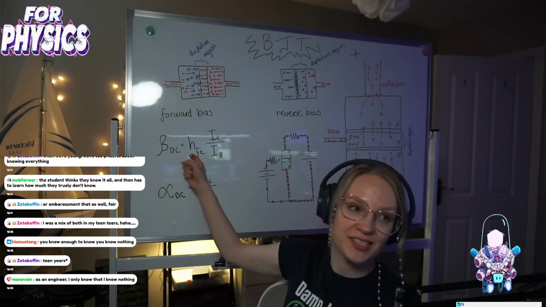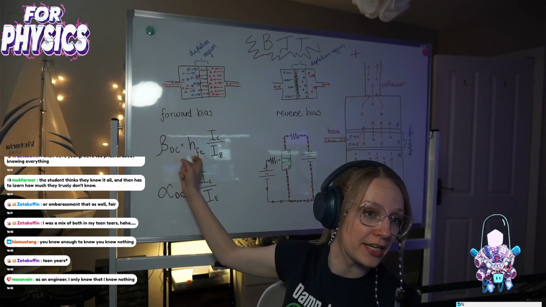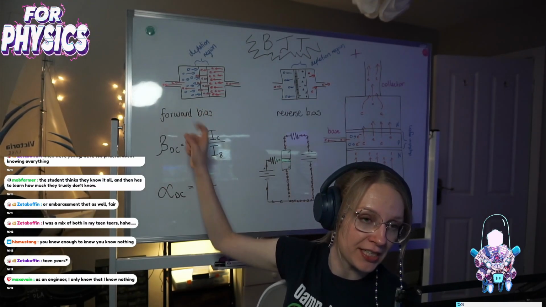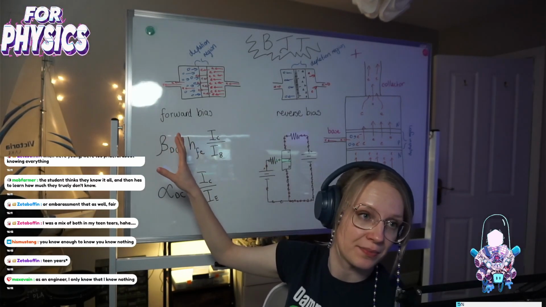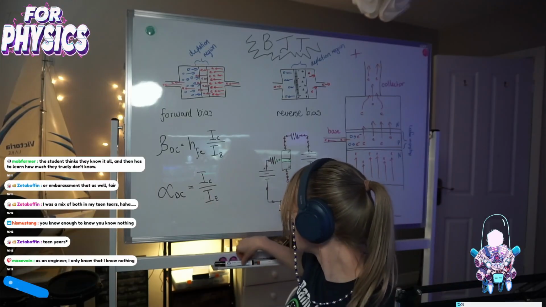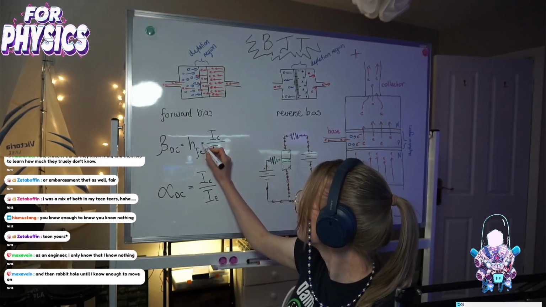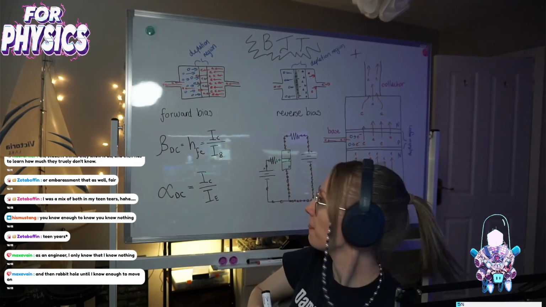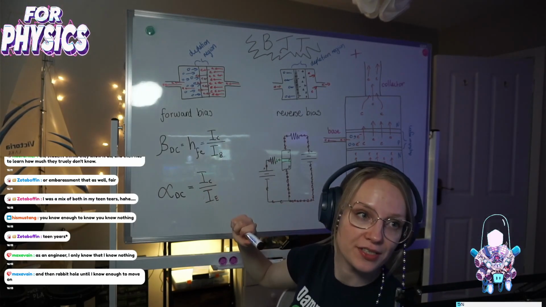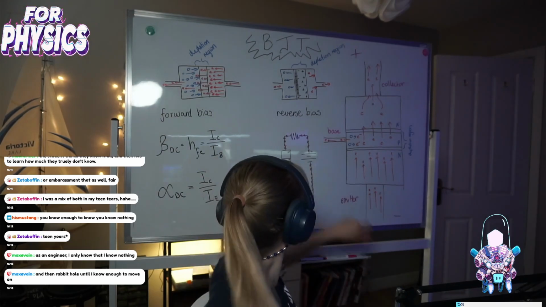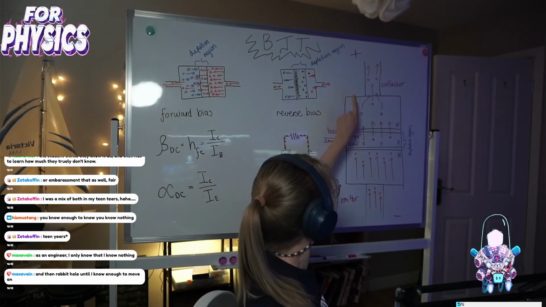That's what the HFE stands for. In a BJT, they're the same thing. It gets more complicated later, but for these guys, it's actually nice and simple. And all it is, is the current gain over the base current. What does that mean? It's this current over this current.